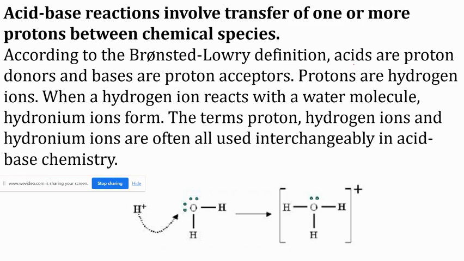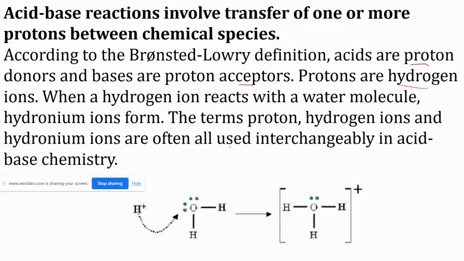So acids are proton donors and bases are proton acceptors, okay? That proton is hydrogen. So they're just swapping hydrogen ions around, essentially. Am I boring you? Okay.